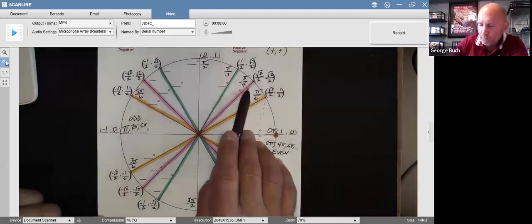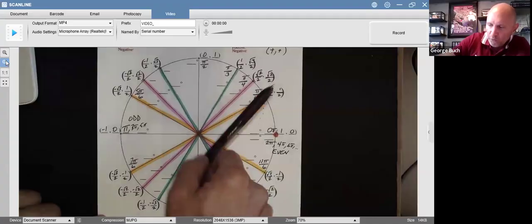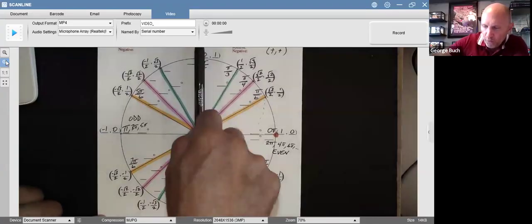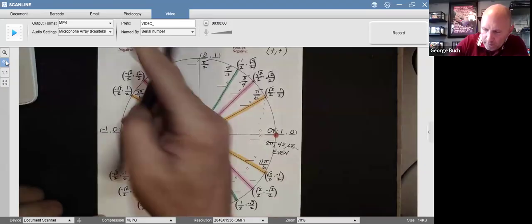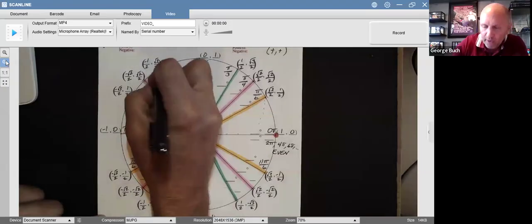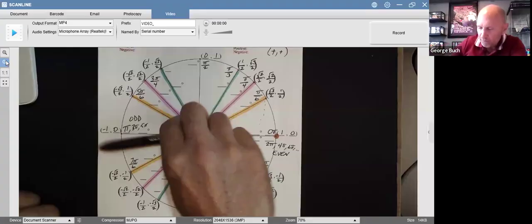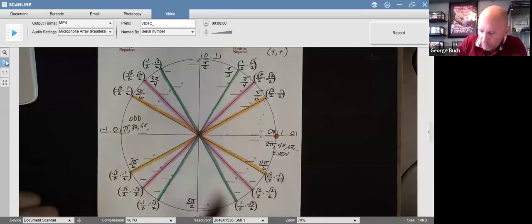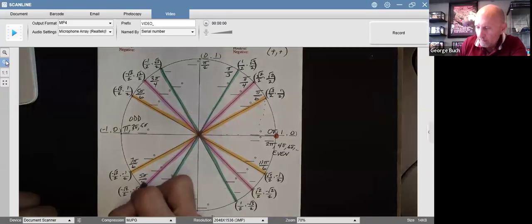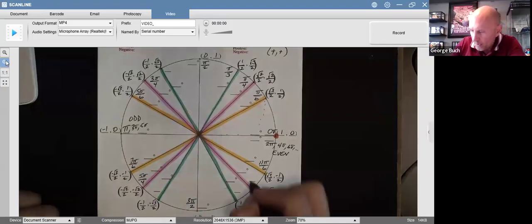How about here, the pink? Well, this is 1/4, 2/4. Oh, okay, 3/4 pi, or 3 pi over 4. And then 4, and then 5. So this down here is 5 pi over 4. 6, 7 pi over 4.